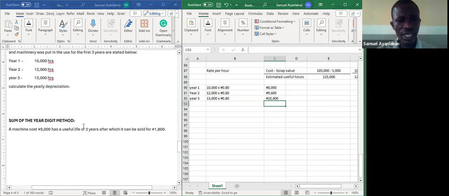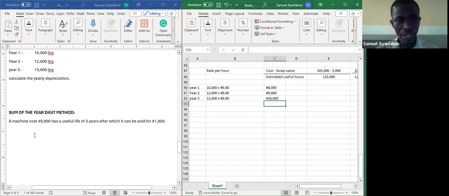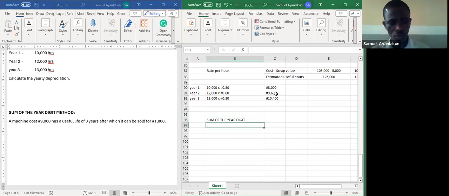There is also the sum of the year digits method, which you can also apply, and I think you have to have knowledge of it too.